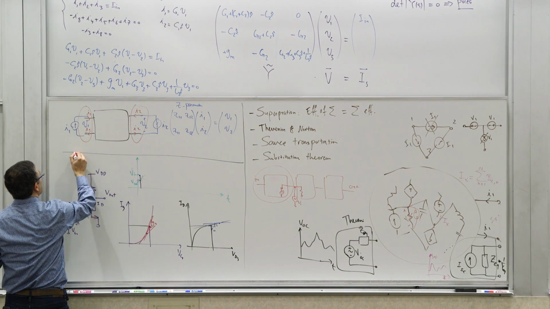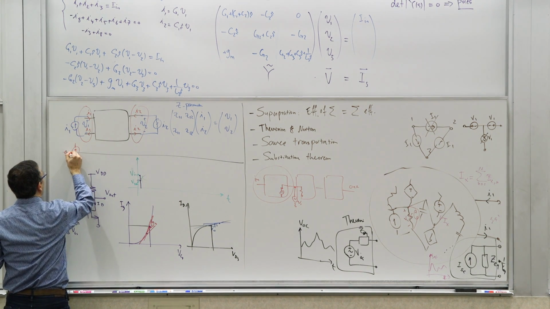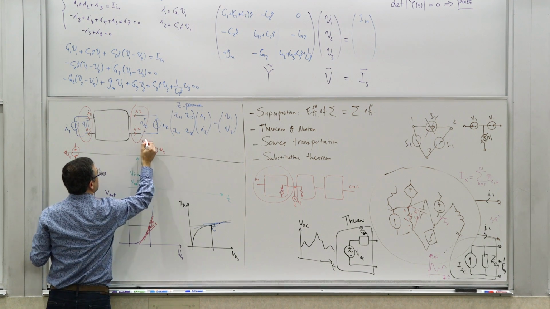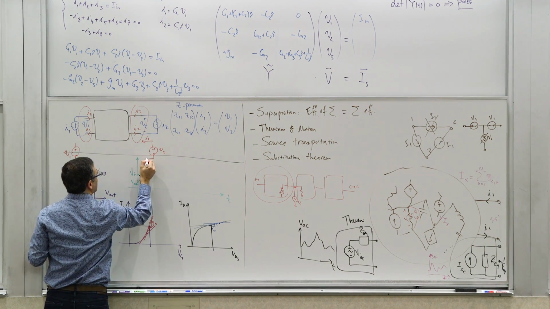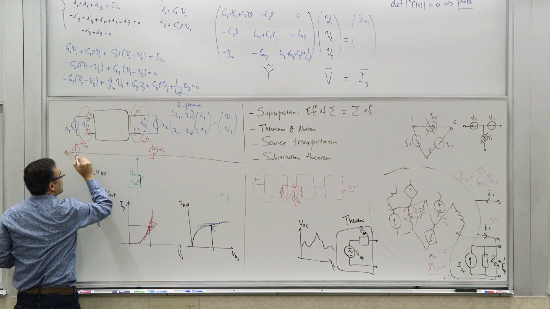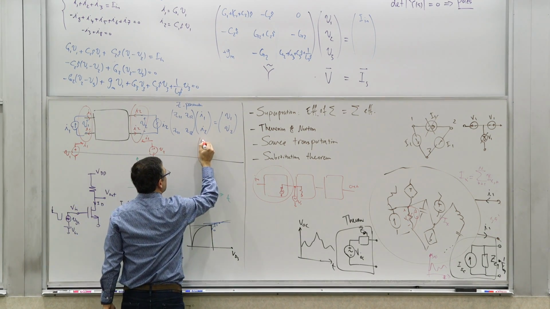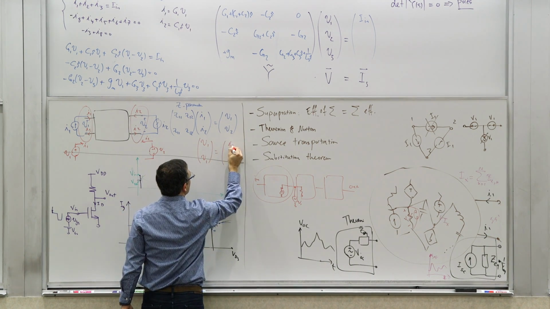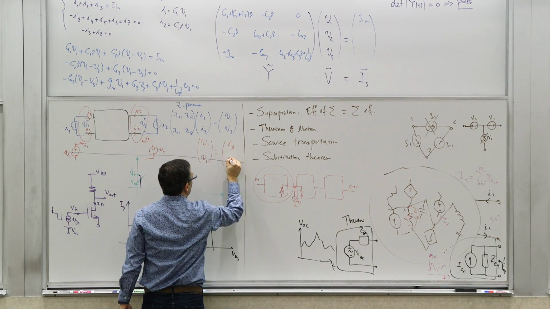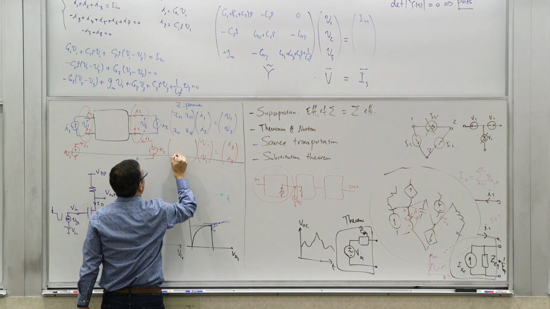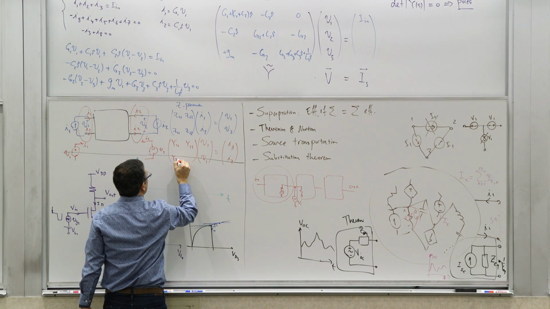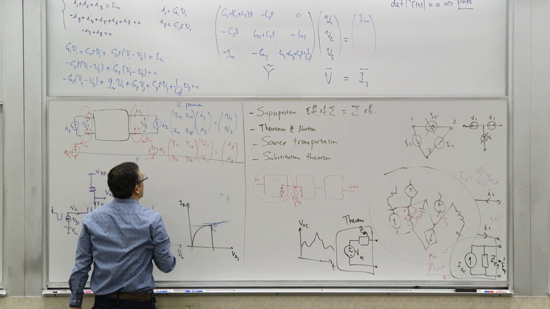So if I replace these with voltage sources, V1 and V2, and monitor I2 and I1, then my inputs are V1 and V2, and my outputs are I1 and I2. And those parameters are Y11, Y12, Y21, Y22.